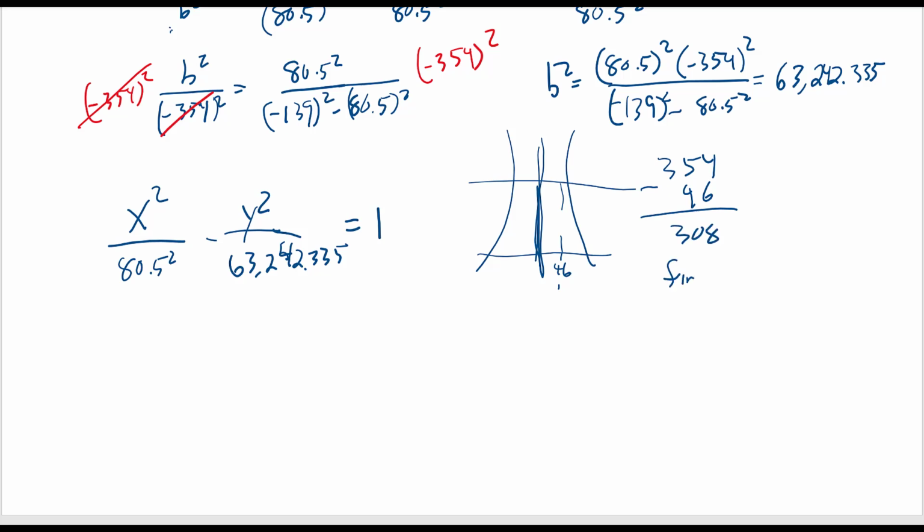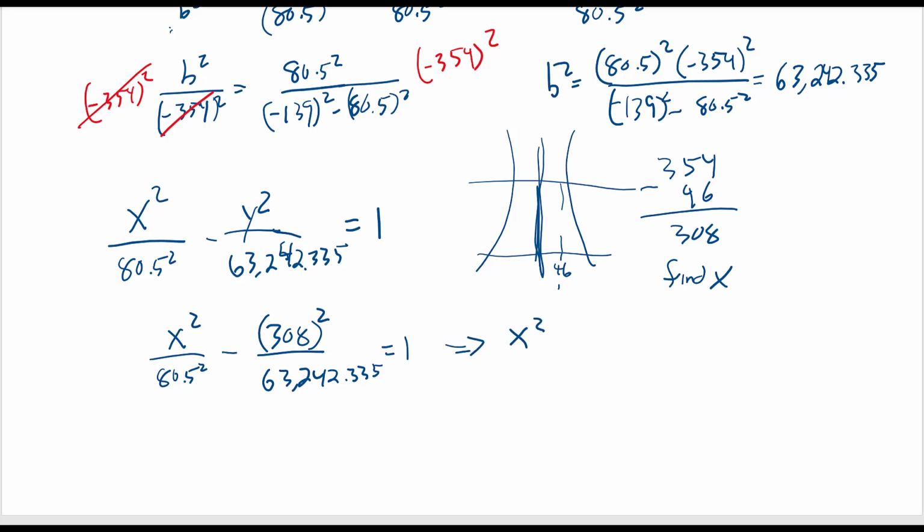So we're now going to find x. That's our y. So we'll have x squared over 80.5 squared minus 308 squared over 63,242.335 equals 1. So x squared over 80.5 squared equals 1 plus 308 squared over 63,242.335.